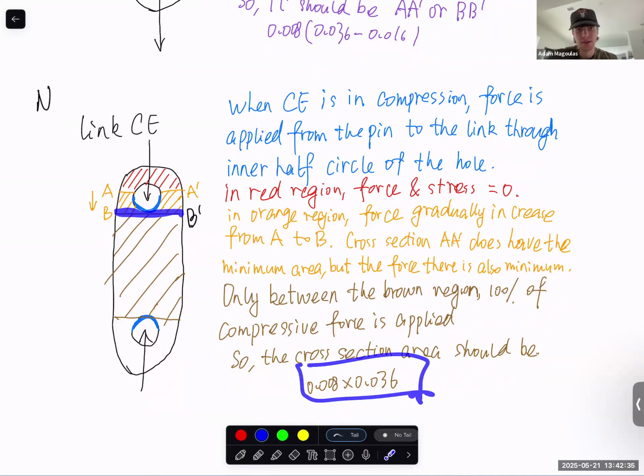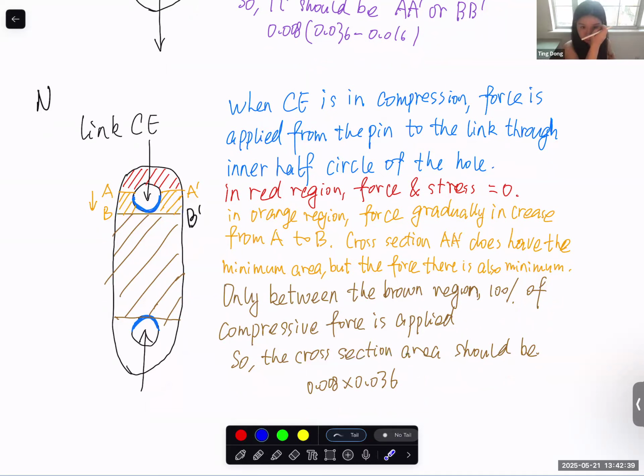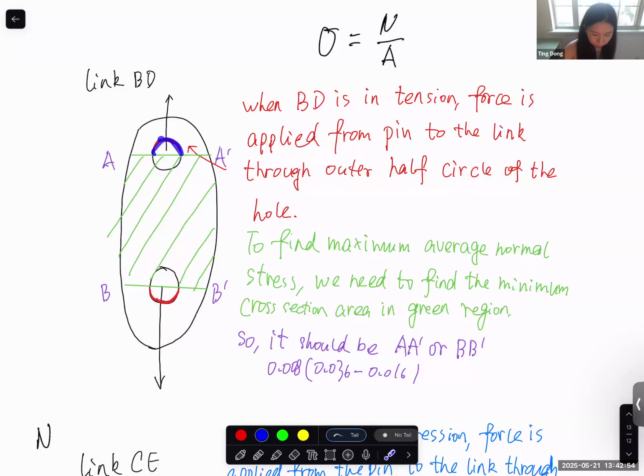Yes, I understand now. Thank you. You're welcome. Any question for this part? To truly understand it, just imagine you have a link with two holes, and you pull it. This should be the contacting surface between the fastener and the plate, the link.